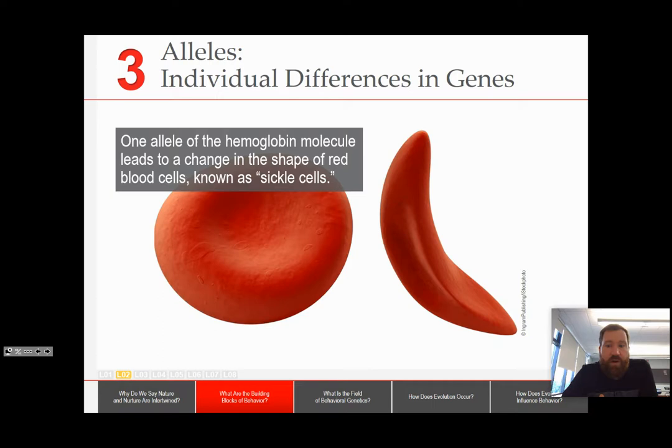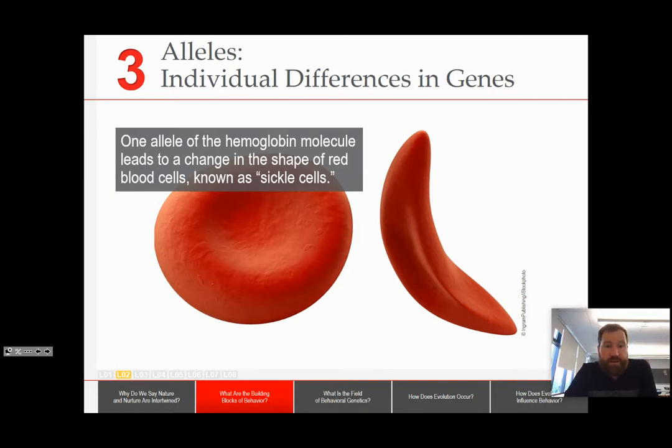And people from the global south, Africa and South America in particular, are more likely to have these sickle cells than people from the northern part of the world, Asia and Europe. And part of that is actually because it's adaptive. So we've heard of sickle cell anemia, right? Which in this country predominantly affects African Americans.